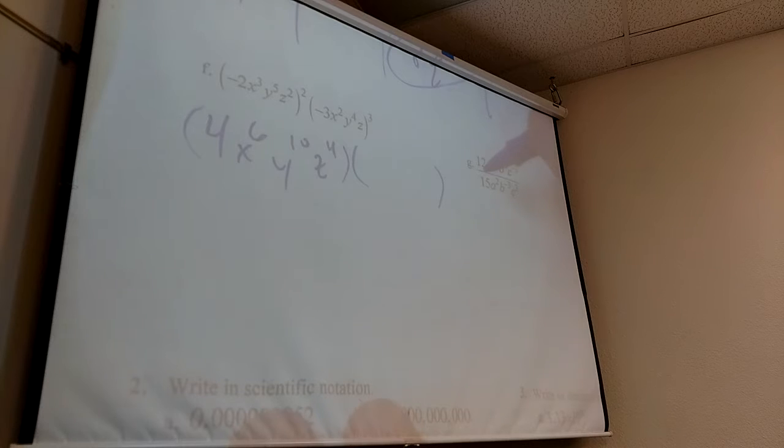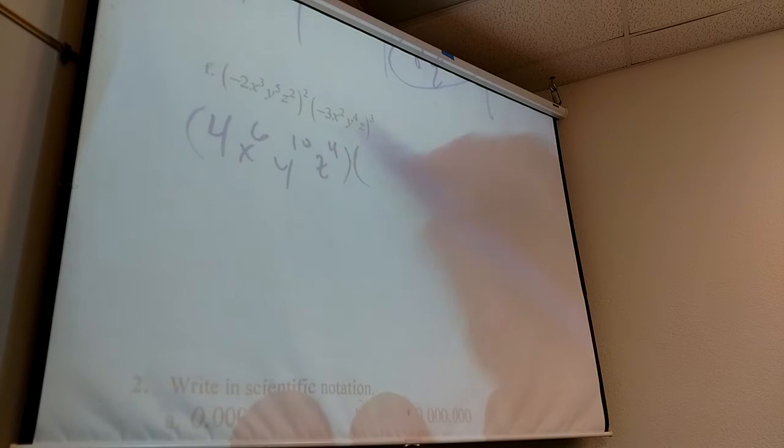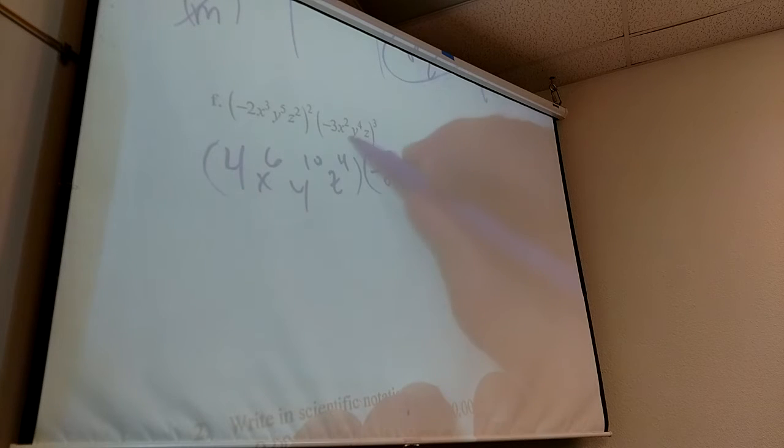Which one do I do first? Exponents or multiplication? Exponents. Order of operations saves you. -3 cubed is -27. Not 9, that would be squared. -27. x to the 6th. y to the 12th. z to the 3rd.